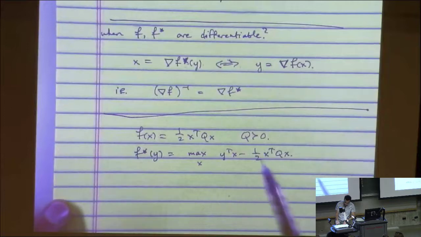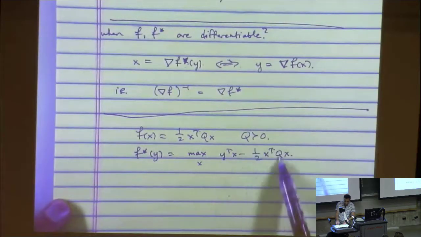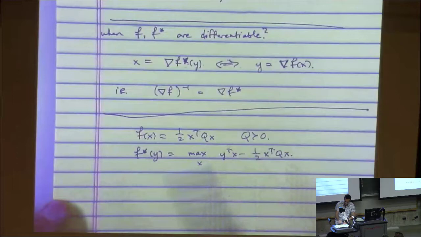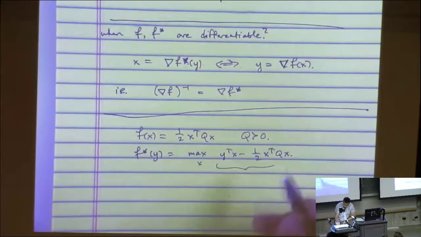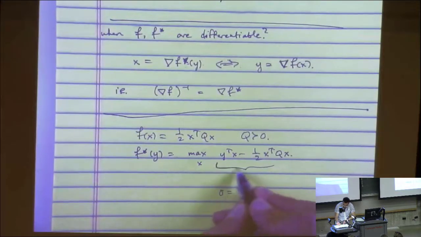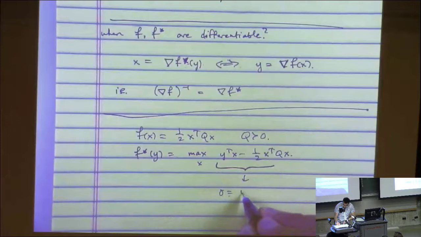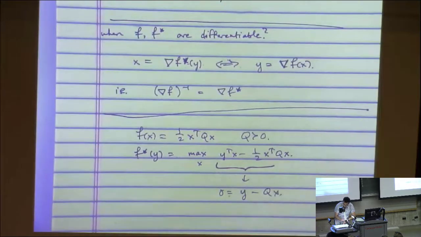This thing is strictly concave. If you prefer, you can think about flipping the signs and saying that function is strictly convex, but we can also say this thing is strictly concave. So to optimize it, I just take a gradient and set it equal to 0. Gradient with respect to x gives 0 equals y minus Qx, so x is equal to Q inverse y.